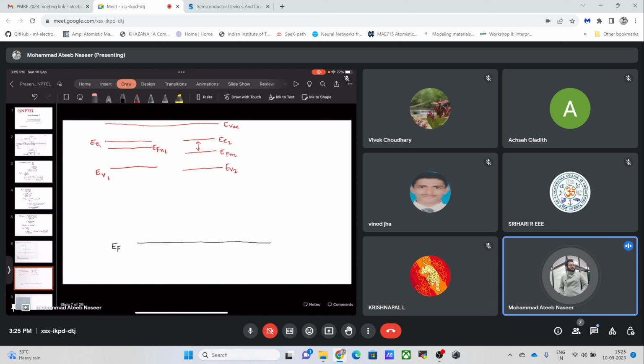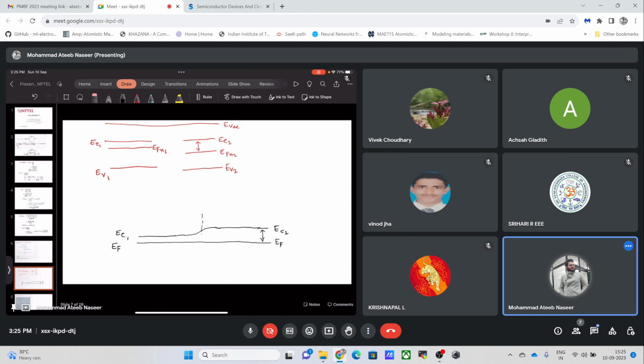So this EC1 will be like this. It would be closer to this Fermi level in the bulk, and since it was away in the case of the second material, this was the EF for this second material, EC2. And now because of this charge difference, there will be band bending, and it will look like this.